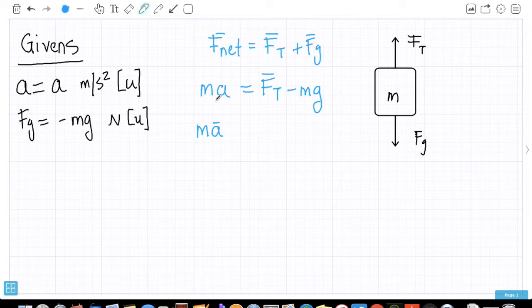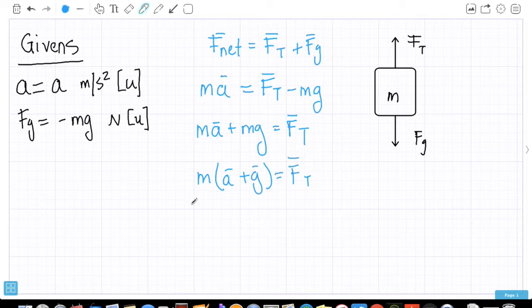We get ma plus mg is equal to Ft. Now if we factor this, we get m times (a plus g), and that's equal to Ft. So our tension force is equal to our acceleration in meters per second squared plus our gravitational acceleration in meters per second squared multiplied by our mass.